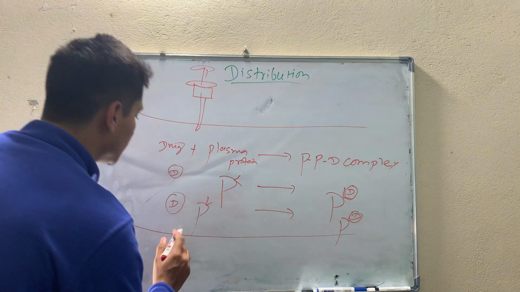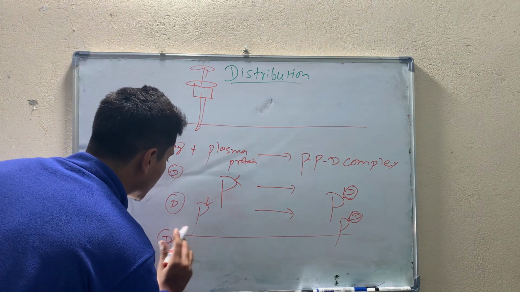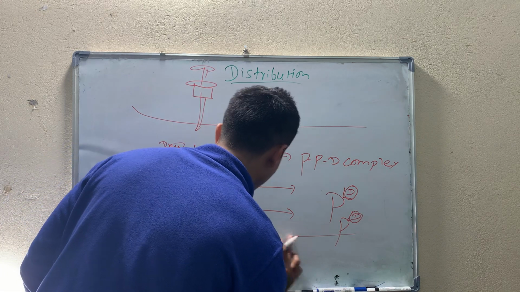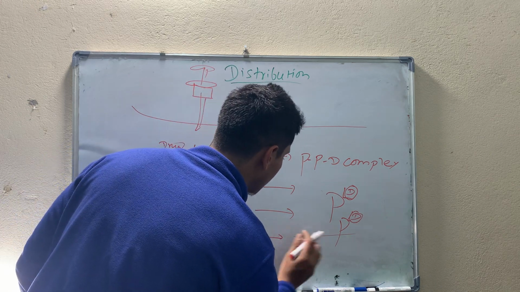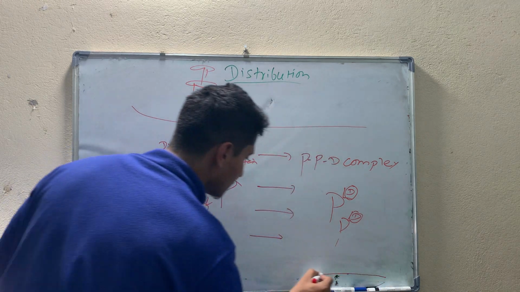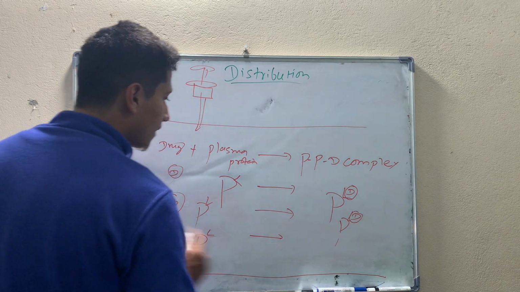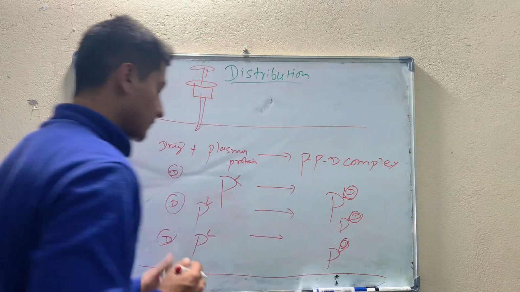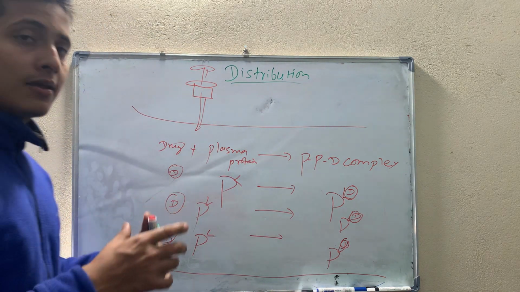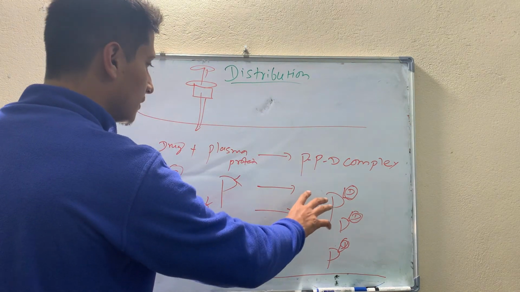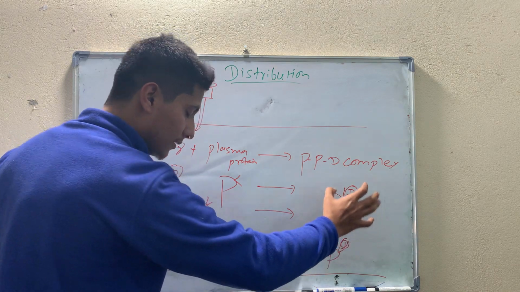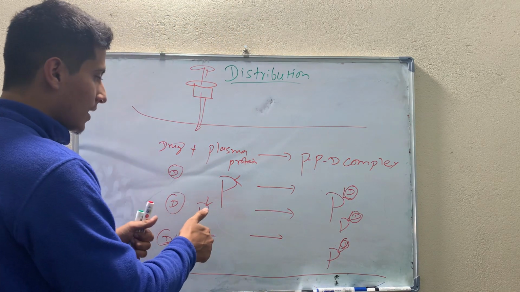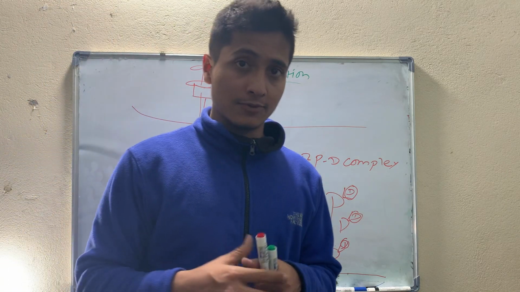Here's the plasma protein and the drug molecule, and let's make the blood vessel a bit wider. So this is the plasma protein and drug complex. Now this drug and the plasma proteins are combined together, right?